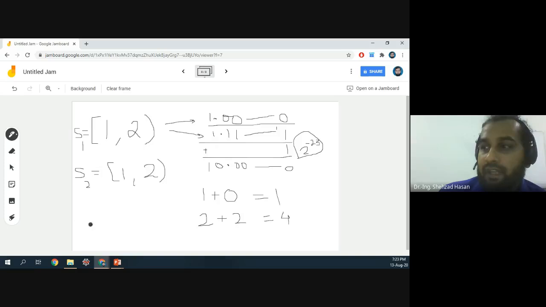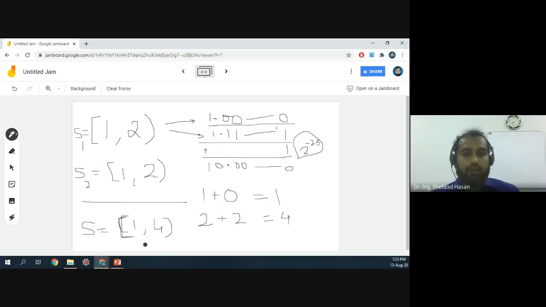So that's why the final answer can lie in the range 1 to 4. This is a square bracket here and this is a round bracket, right? Did you get this?